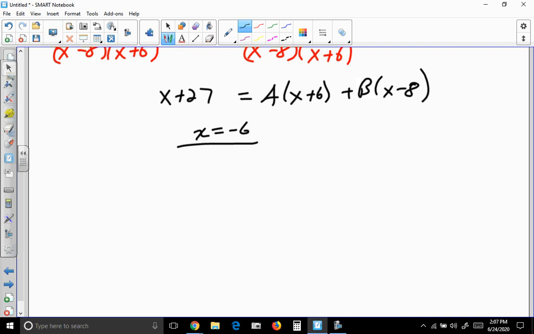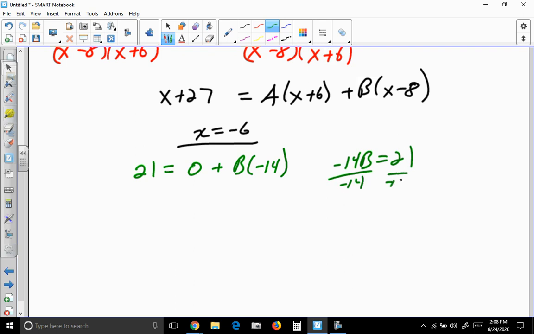So if we replace x with negative 6, we're going to get 21 equals a times 0 plus b times negative 6 minus 8, negative 14. So negative 14b equals 21, and if we divide, then b is negative 3/2. 7 goes into that, 7 goes into that.